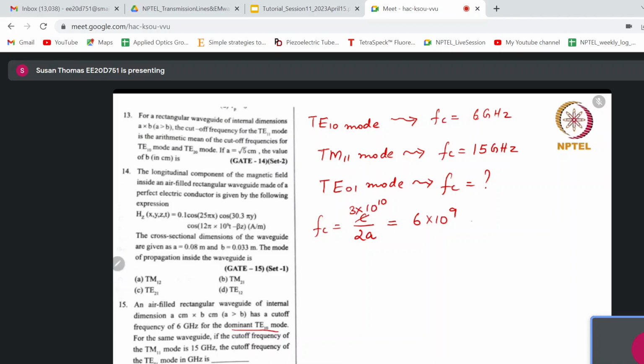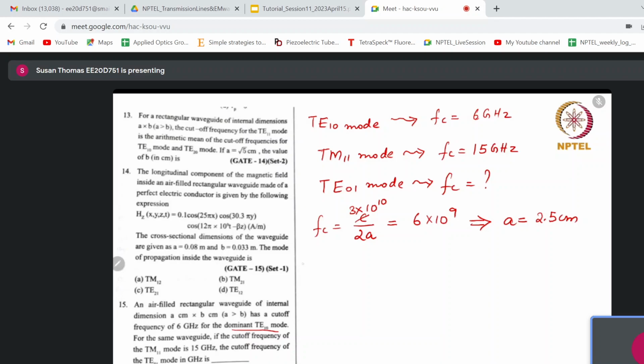So from this we can write A value. A value is 3 by 12, so 1 by 4, 1 by 4 into 10, it comes 2.5 centimeter. So that is A value, let it be.